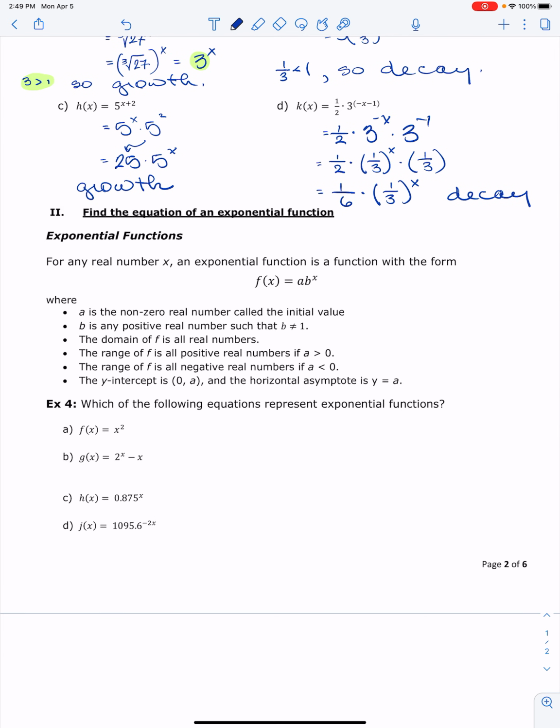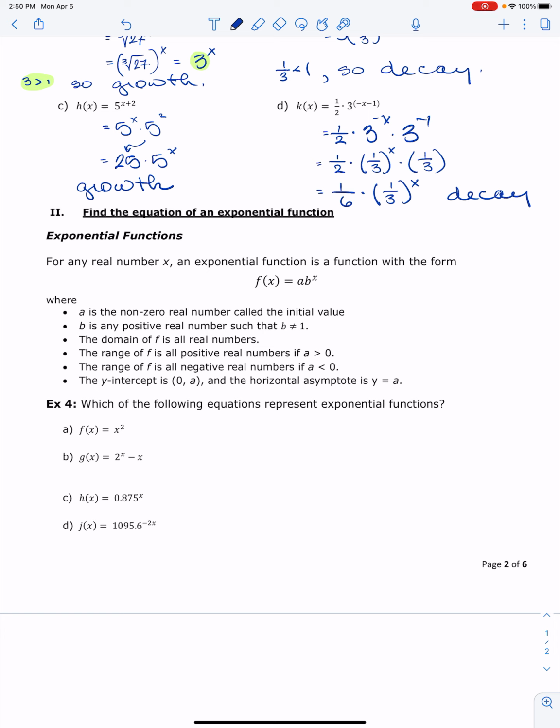So a times b to the x, a is the initial value. We don't want that to be 0, otherwise everything's 0. B has to be a positive number and not equal to 1. I mean, it could equal 1, but then it's kind of boring because 1 to any power is just 1. That becomes a constant function.